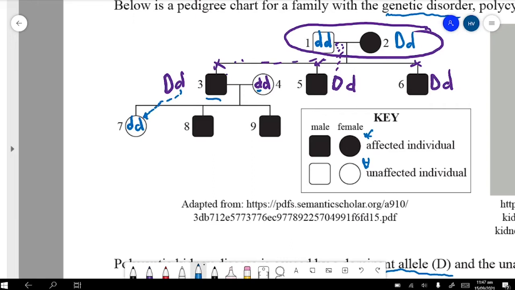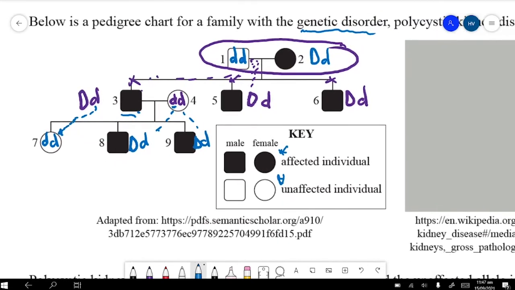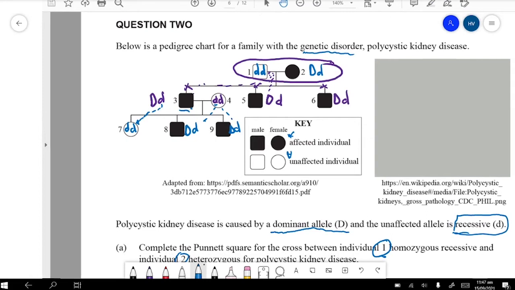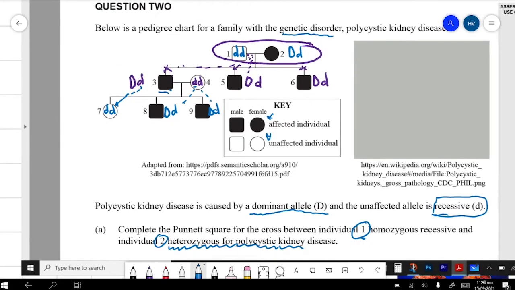So she had to give her little d there, and she had to give her little d there. Whereas this guy obviously gave a capital D there and a capital D there. So just like that, we have figured out this whole pedigree chart.